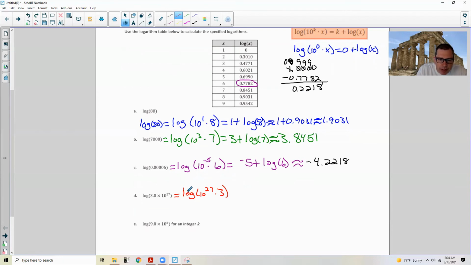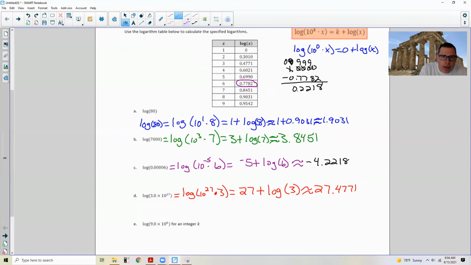And we are already in the form that our formula takes. So the power goes out in front, and you say plus the log of 3. That's a multiplication symbol, by the way, not a decimal point. So that is going to be an approximation of 27 point, and I go up to my 3, and it's 4771.